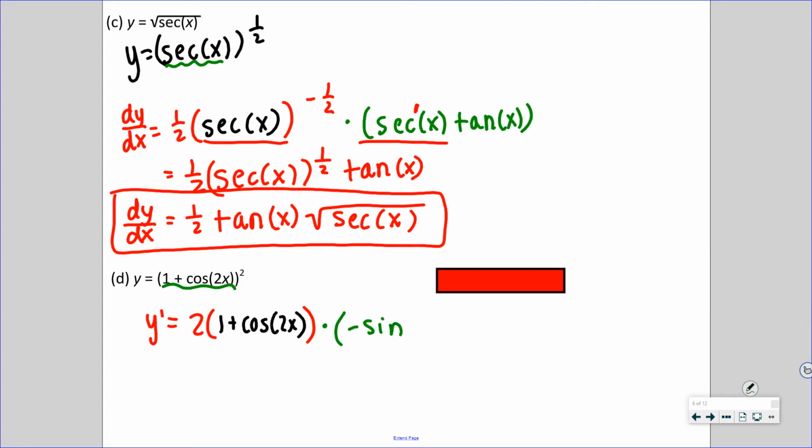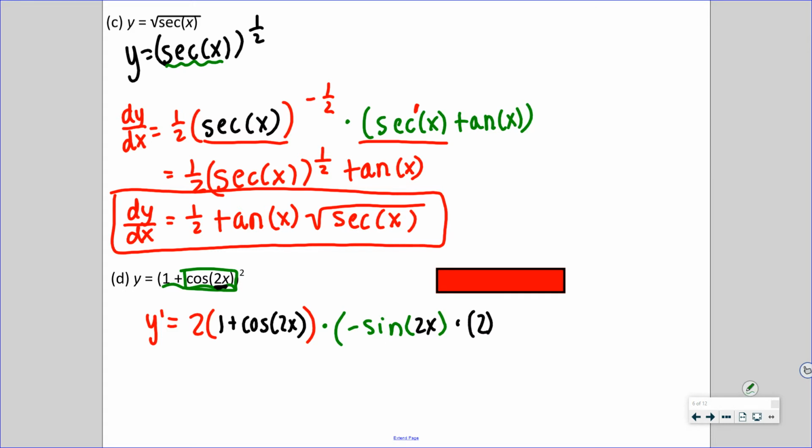I can have a double chain rule here. I have a little composite function again right here. So it'd be negative sine of, keep the inside the same, 2x. But then what else do I need to multiply by? 2, the derivative of the inside. A lot of people would forget that. Times 2.